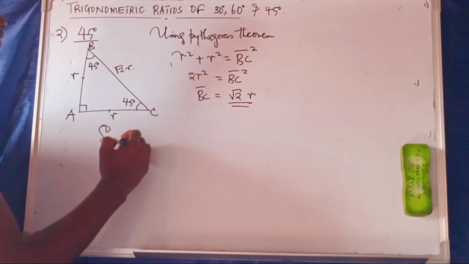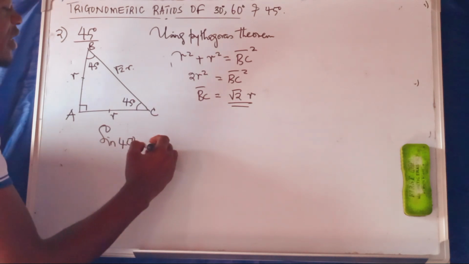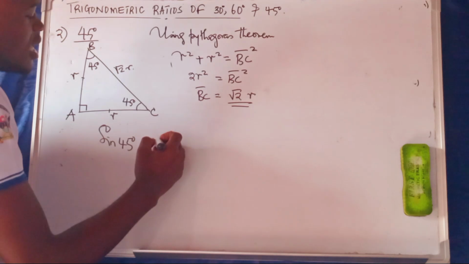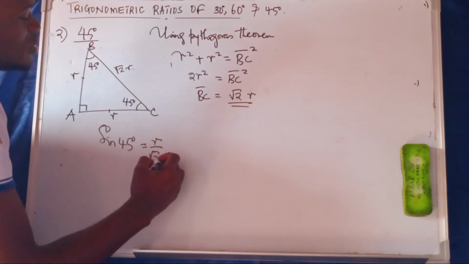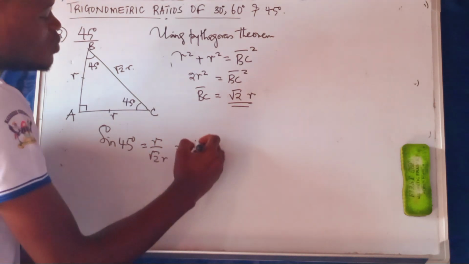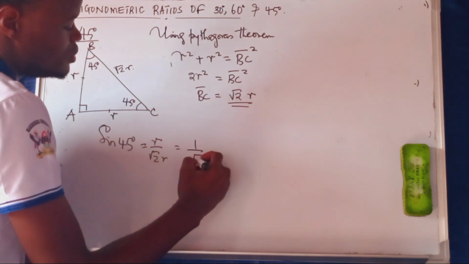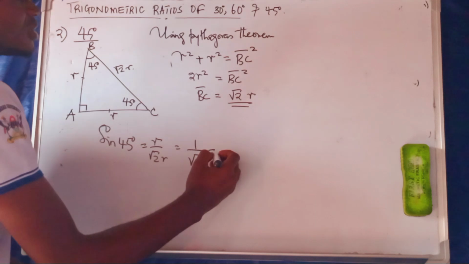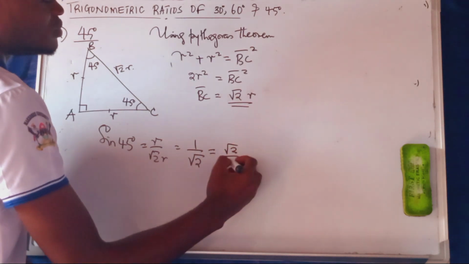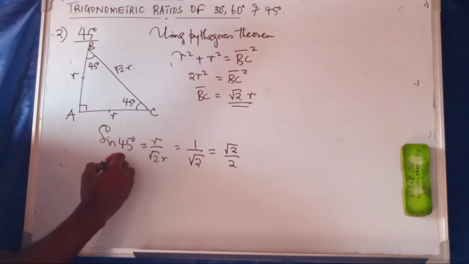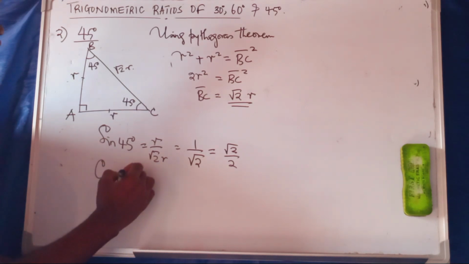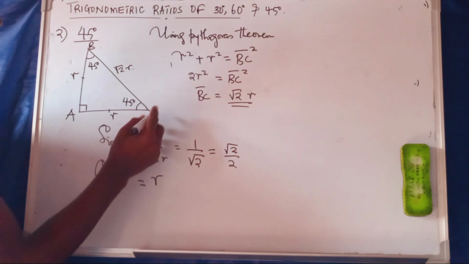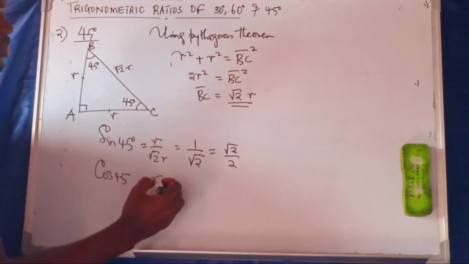Sine 45. What is sine 45? Sine 45 is R over this. So it is R over root 2 R, which is 1 over root 2, or the same as root 2 over 2. Then cos 45 is equal to the same thing, adjacent over hypotenuse.